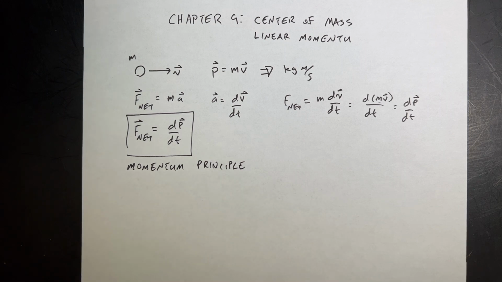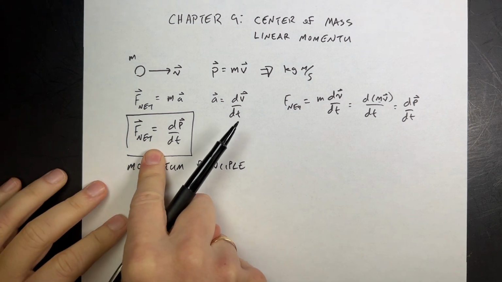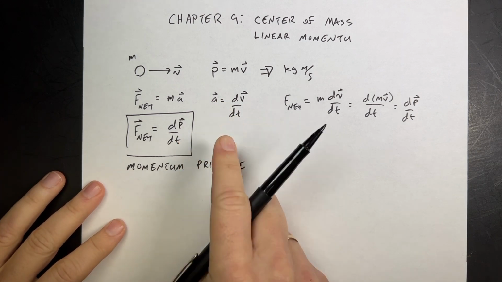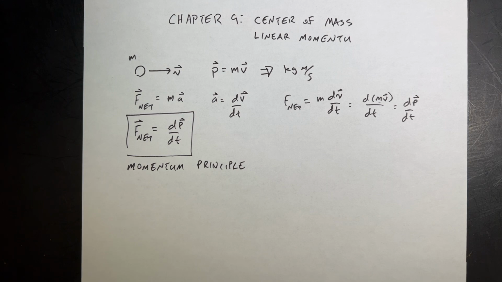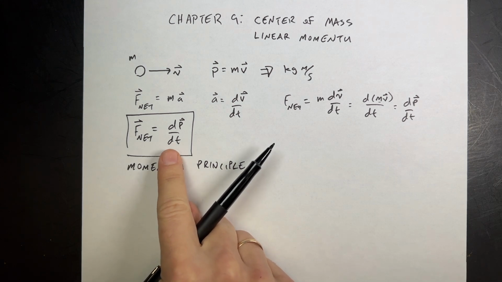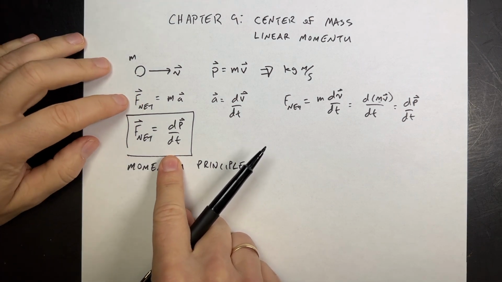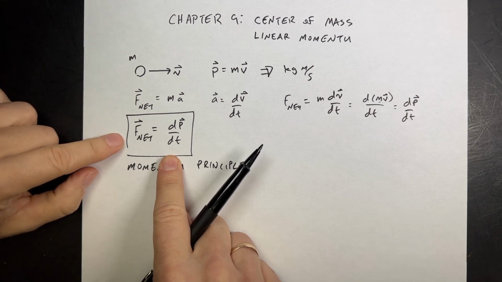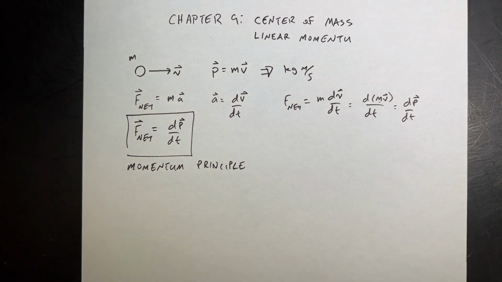This also works even if you have super, super fast stuff where the momentum is not mv, but what some people would call relativistic momentum. Call it whatever you want. This still works. So this is a little bit better way to do it. I like this way better. But I think in the introductory course, in just about every single situation, F net equals ma and F net equals dp/dt are the same thing.